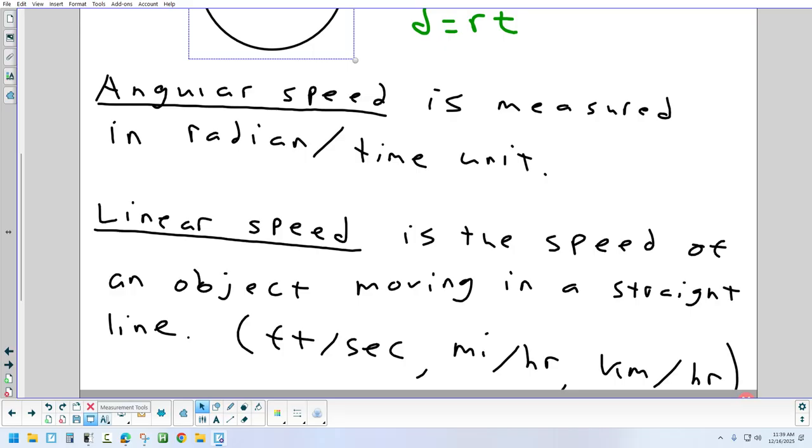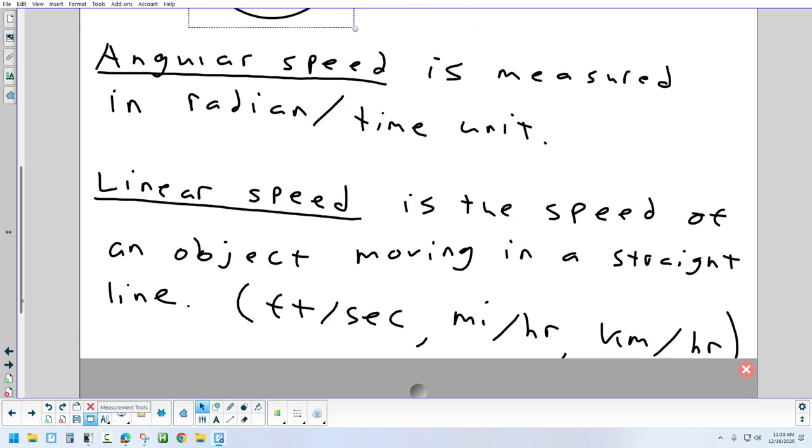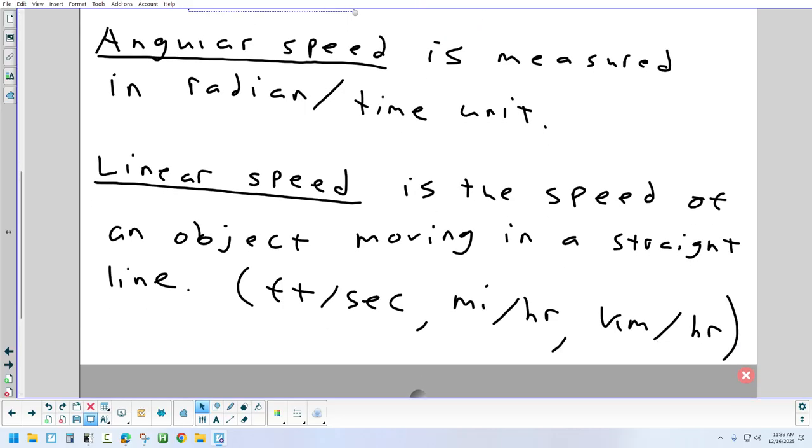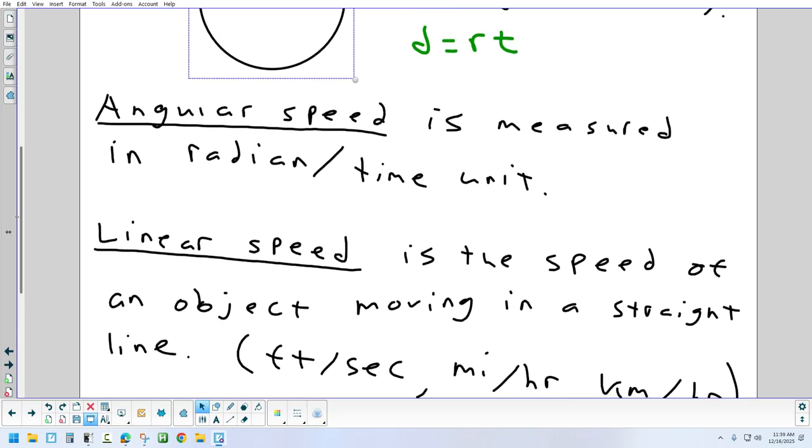And common time units for linear speed, hours is pretty common, like miles per hour, kilometers per hour. Seconds is also common, like feet per second. Sometimes, if you do archery or different things, they measure how fast the arrow is moving in feet per second. Any question on the difference between angular and linear speed?